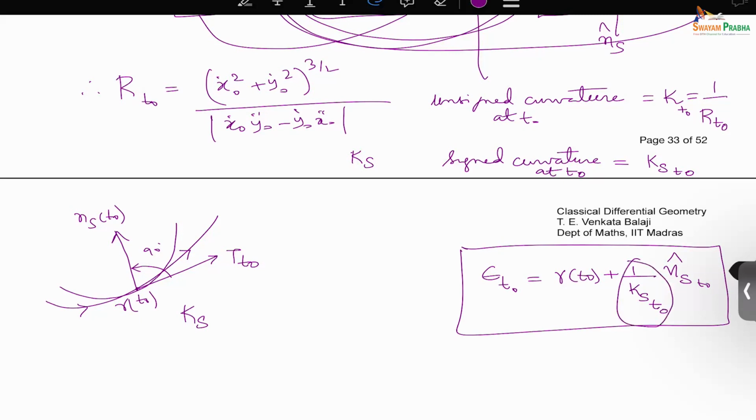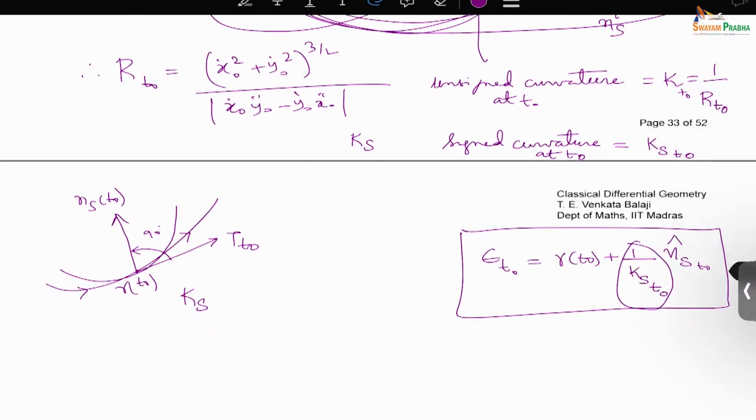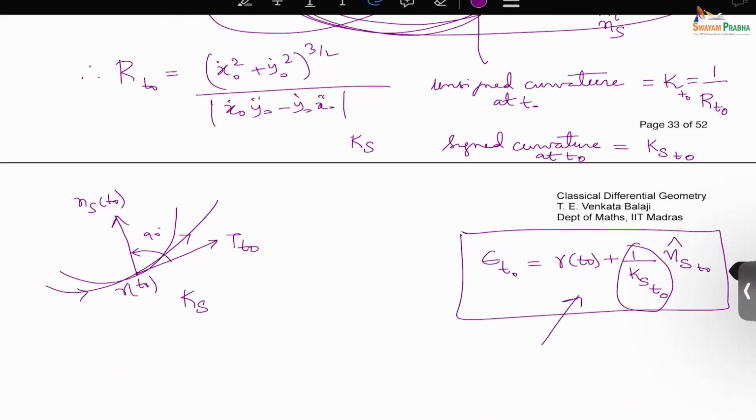Here I am replacing this term without the modulus, and therefore there is a sign, and that sign is adjusted so that this equation is always true. You must understand that if I put unsigned curvature there, then this plus may not hold, you may have a minus. But I want always to write it with a plus. That's the reason why I put a sign on the curvature.